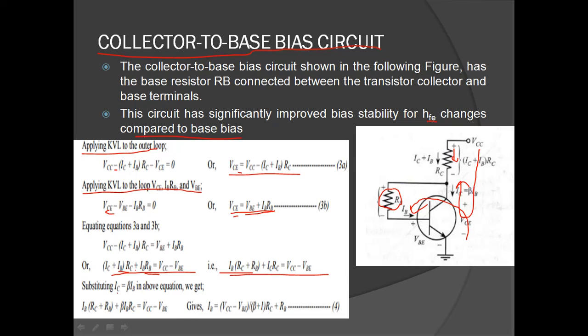When you substitute IC is equal to beta IB, where HFE, which I was considering in the previous example, is also called beta, and rearrange, you get this equation.